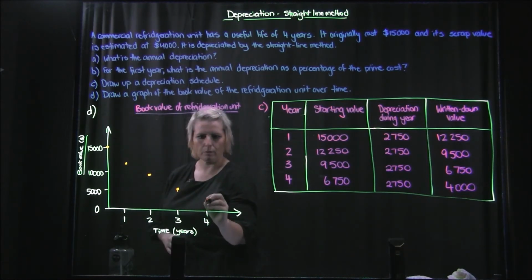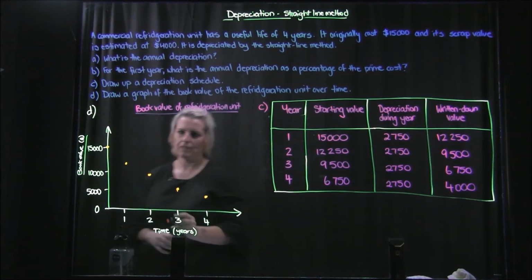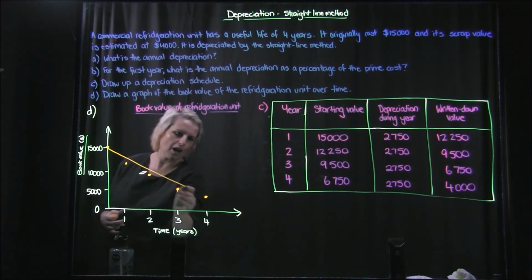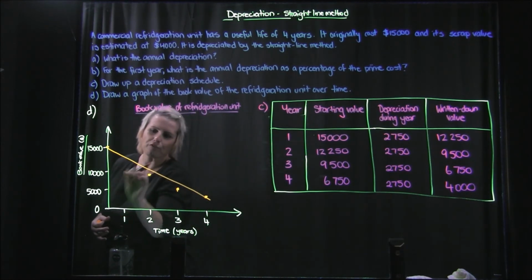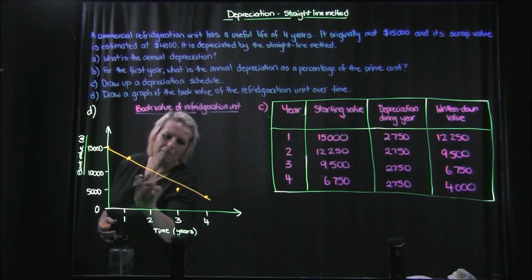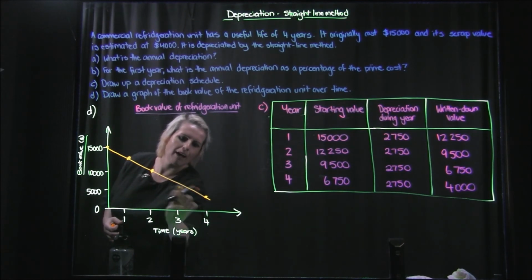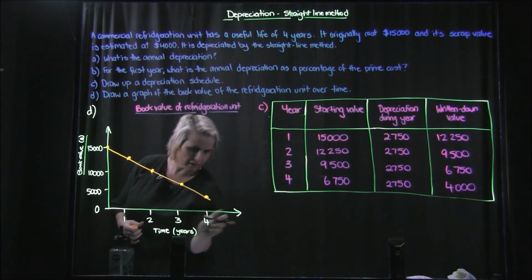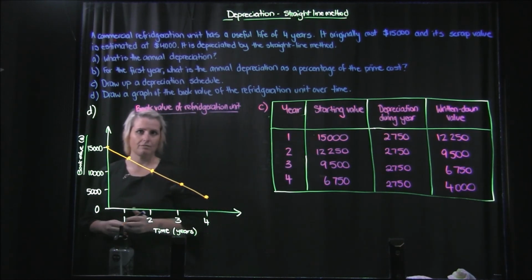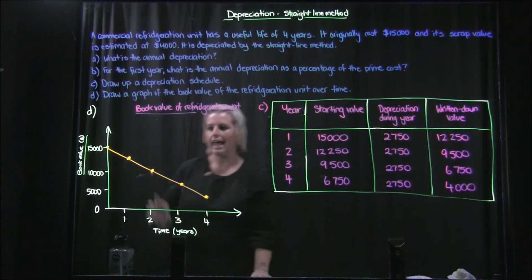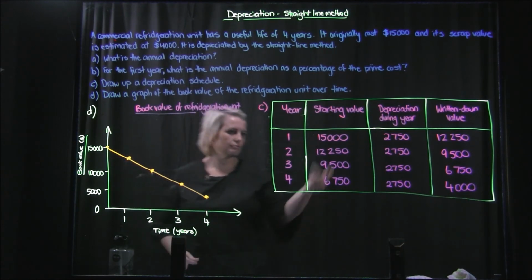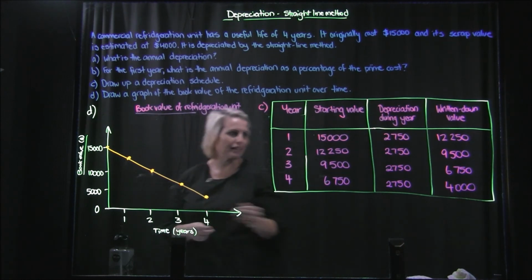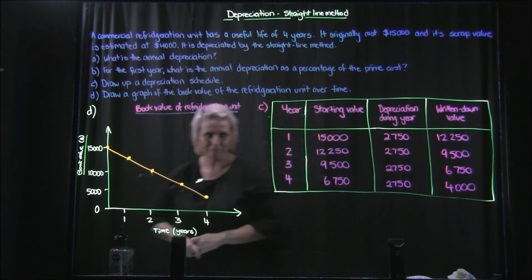And 4 years, we're at 4,000, so that's down there. Now what you should be able to do is draw a straight line. Unfortunately, because I don't have graph paper, mine are a little out. But you can draw a straight line through those points, to show that each point goes down by the same amount. We could actually work out that gradient, and that gradient would be the depreciation amount.